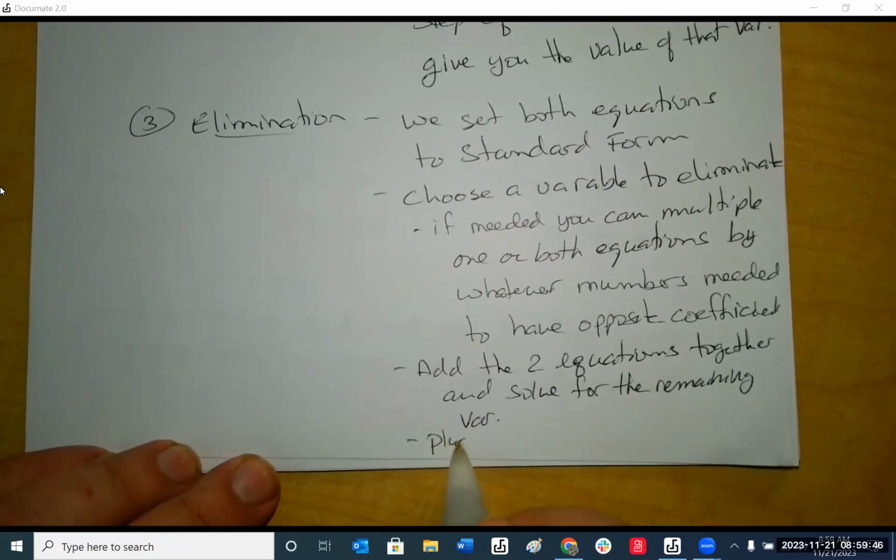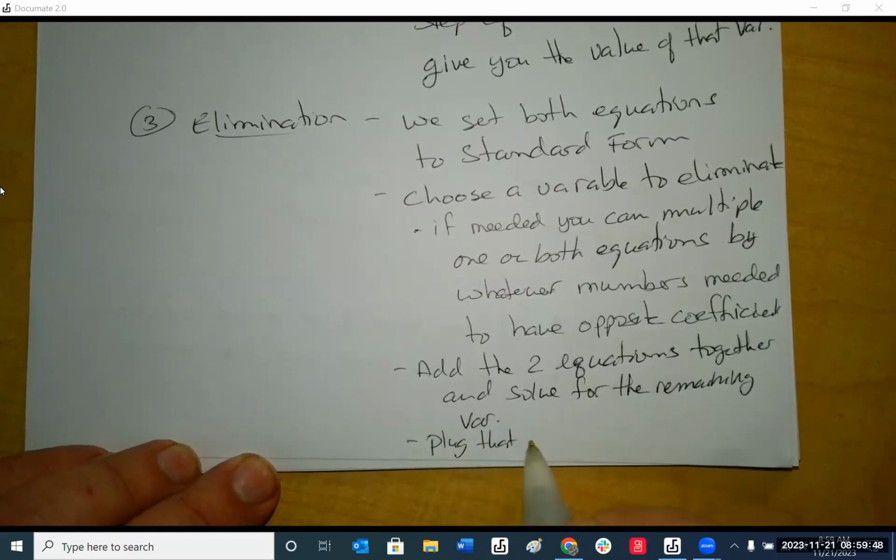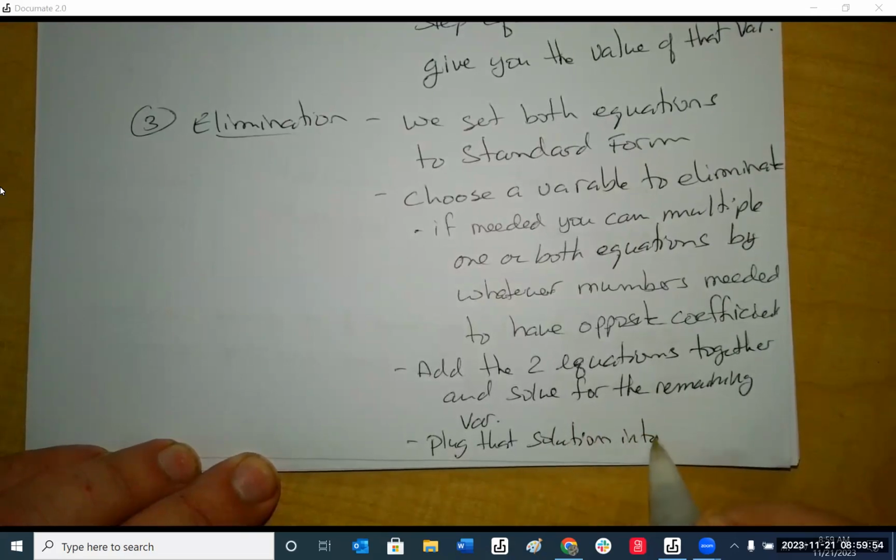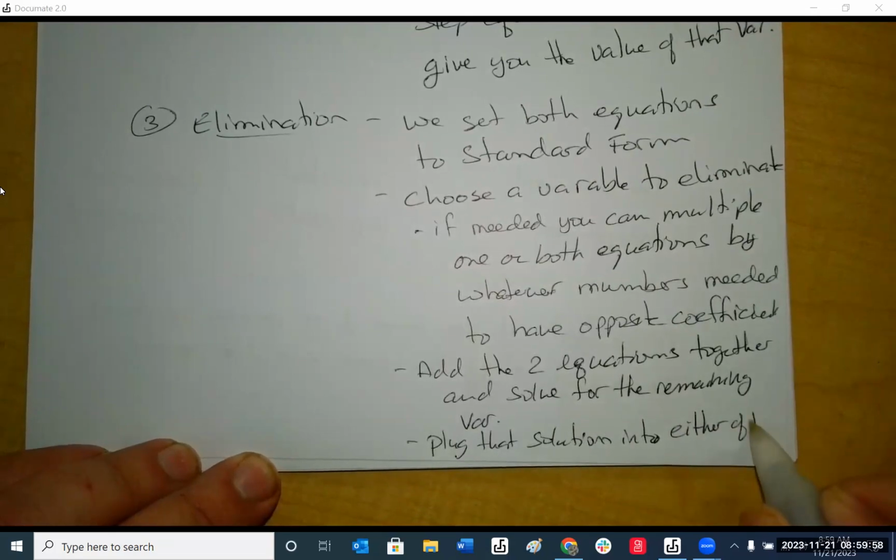Then plug that solution into either of the original equations.